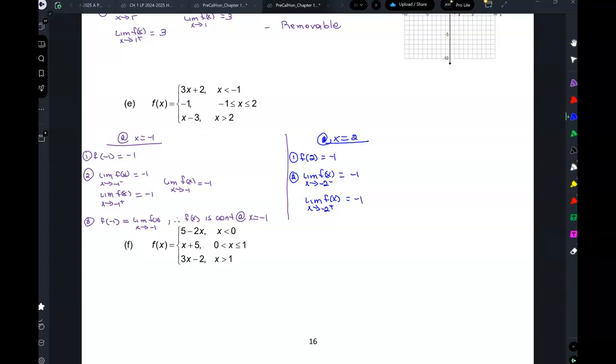Also -1. Okay. So number 3, f of 2 equals the limit of f of x as x approaches 2. So this is continuous. Wouldn't it be +2, not negative? Oh, +2. Why do I keep saying -2? Sorry, guys.